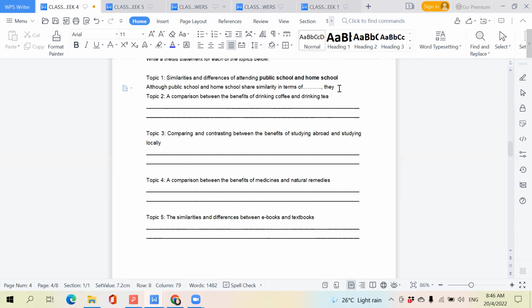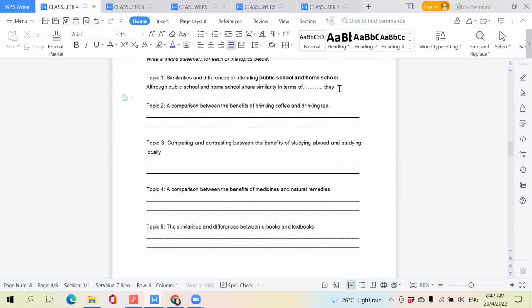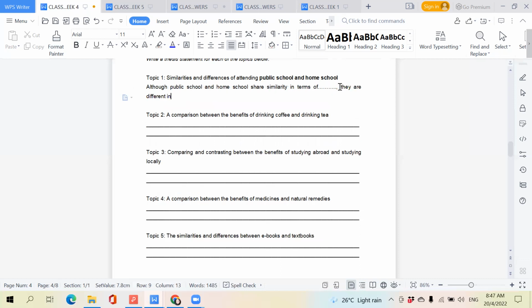Don't repeat. You can just use a pronoun to replace the two terms, public school and home school. So you say they. This is something that students often do as well. So you can say they are different in terms of.